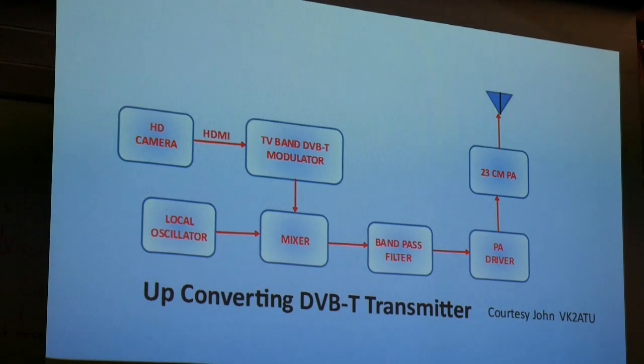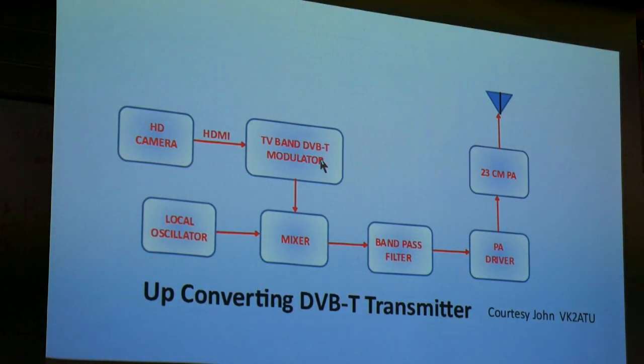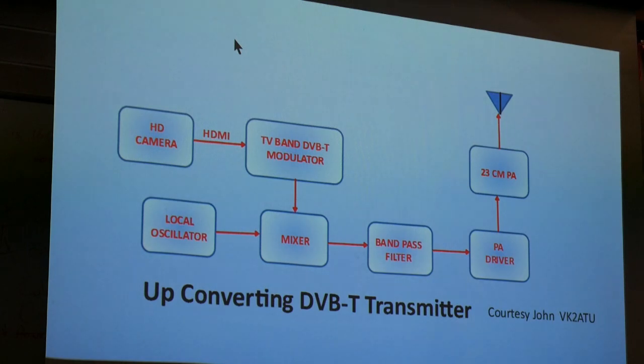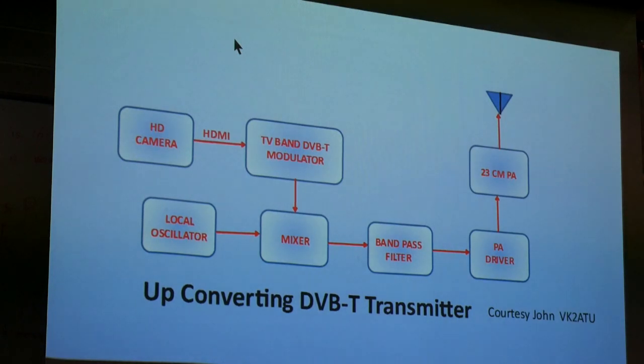So how this works is you can go out and buy off the shelf these DVB-T modulators, but these typically only cover the normal TV frequencies, the normal TV commercial channels. So what they're used for is TV distribution systems. So you'd have one of these in a shop, and they'd send all this DVB-T round for all the different TV sets.